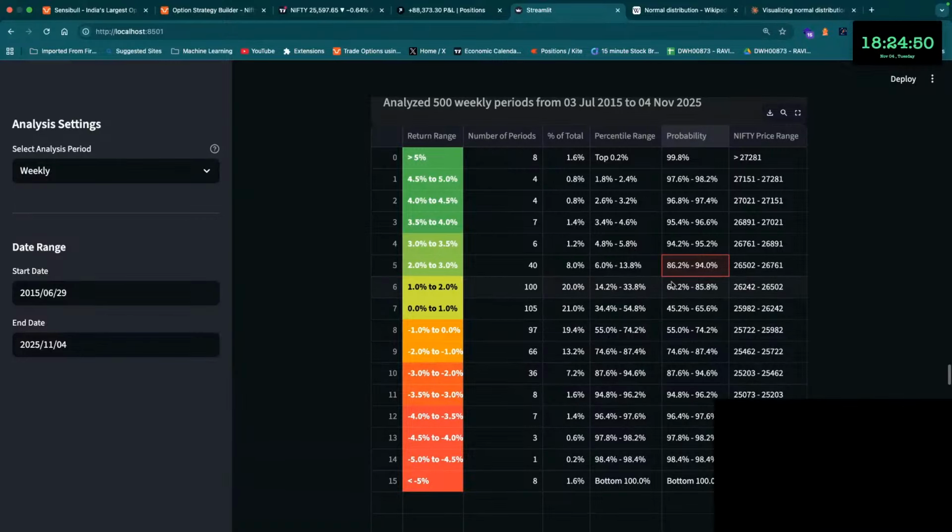In a weekly expiry, it will not go above those points. If you think that is too high, you can look at 2%. If you want to take some more risk, you can go with 65% probability. There is a 65.6% probability that Nifty will not go above 1%. Nifty will not expire above 1%.